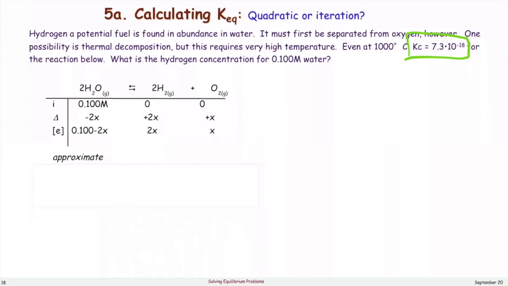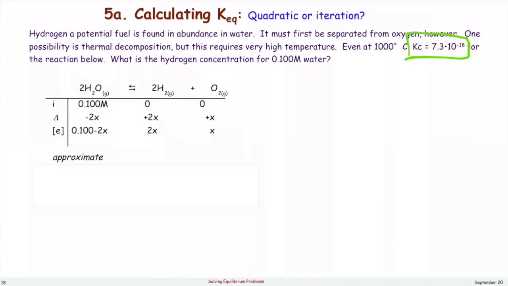Even though water is a pure liquid, depending on how much you have, you can still calculate a molar concentration. That is the moles of water in the volume it occupies. If this is a gas, which it is, then the volume is the container it occupies. So you basically have steam in a 1 liter container, and you calculate how many moles divided by 1 liter equals 0.10 molar.